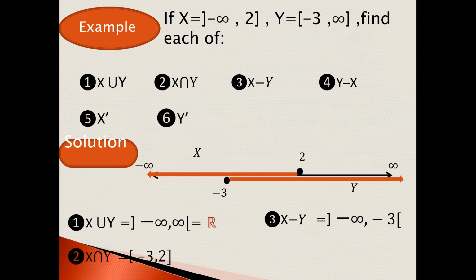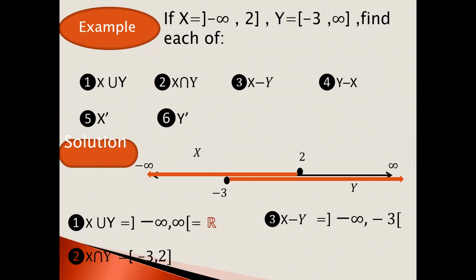X difference Y. I want the numbers included in X but not included in Y. The number included in X, negative infinity, is not included in Y. So the answer starts with negative infinity. Then the next number, -3. -3 is included in Y but not included in X, but I'll take it because I'll opposite it.